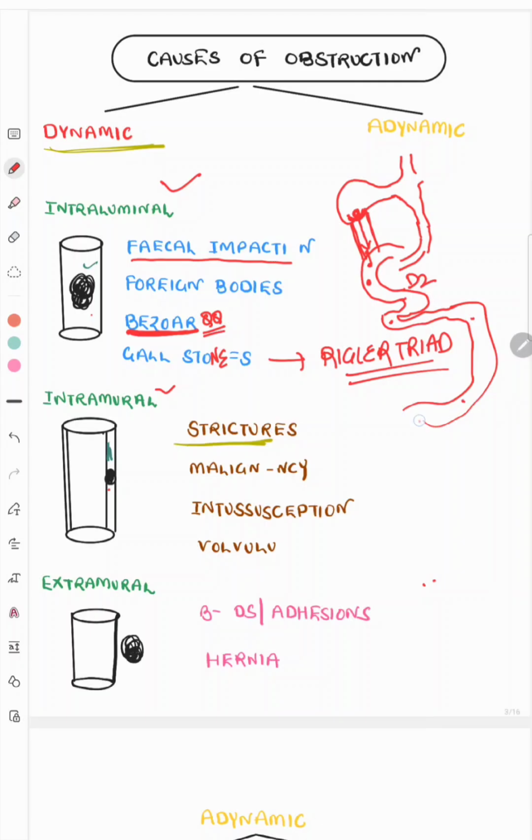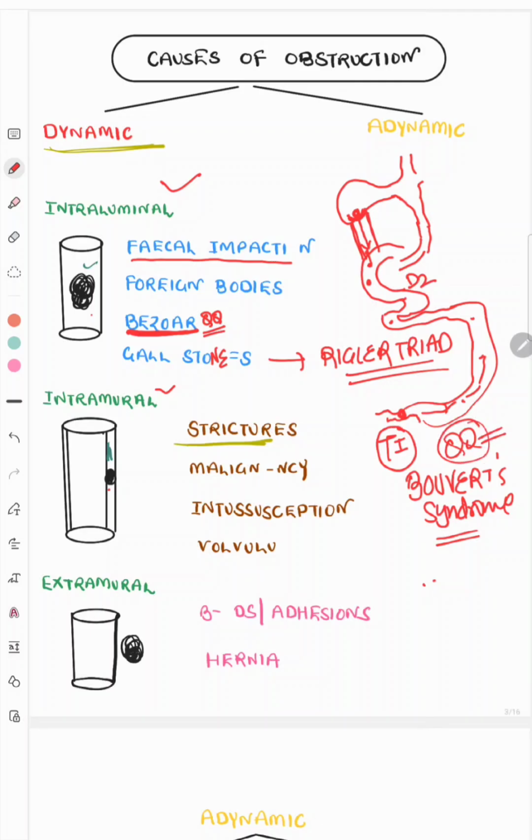But at the narrowest part, the terminal ileum, the stone gets stuck and causes obstruction of the bowel. This syndrome is known as Bouveret syndrome. This can be a potential question in the upcoming NEET PG. I will discuss Bouveret syndrome with the help of an abdominal X-ray in upcoming slides.